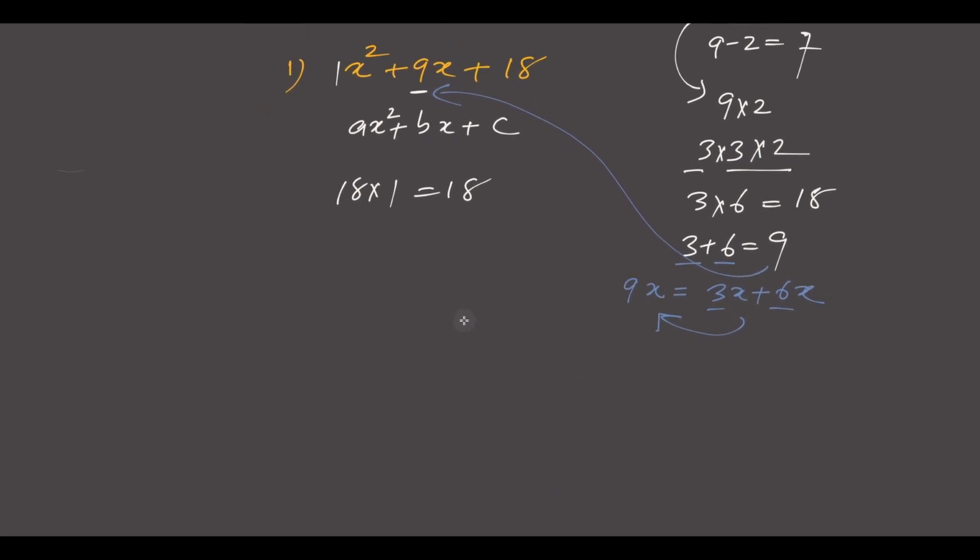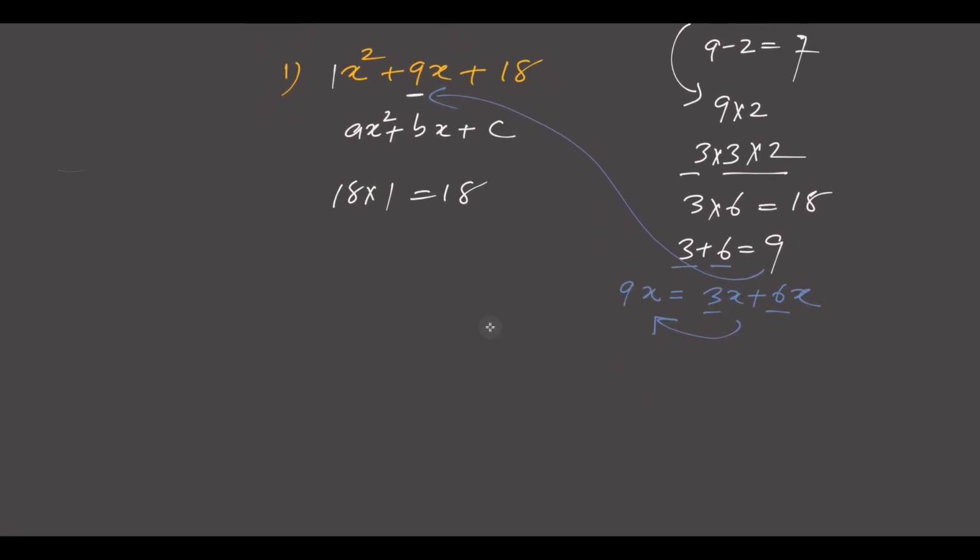Now let's move on. We'll take the problem x square plus 9x plus 18, and we are going to replace 9x with 3x plus 6x, plus the remaining 18.